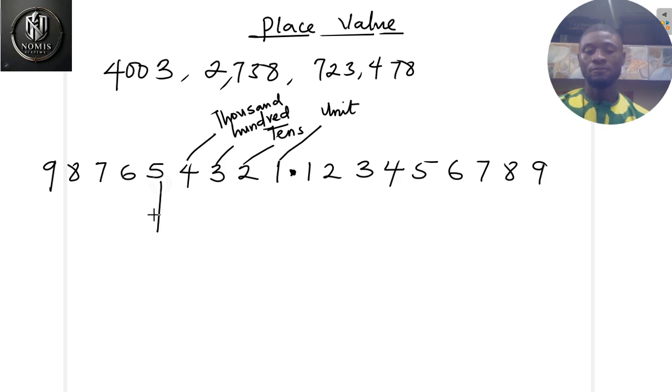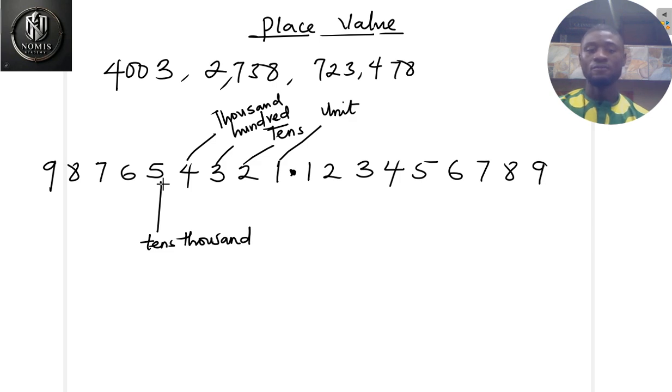What about 5? Now 5 is tens of thousand. Meaning that if I need to call this 5, I have to multiply it by 10. If I have 1 it will be 10, if I have 2 it will be 20, 3 it will be 30, 4 it will be 40, and now that I have 5 I will say 50.